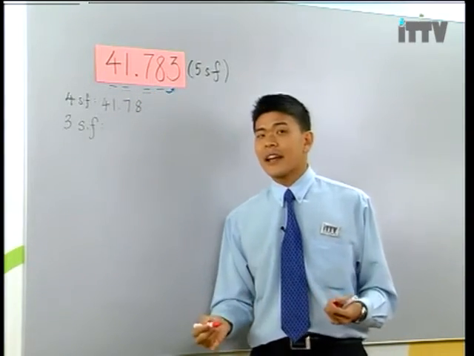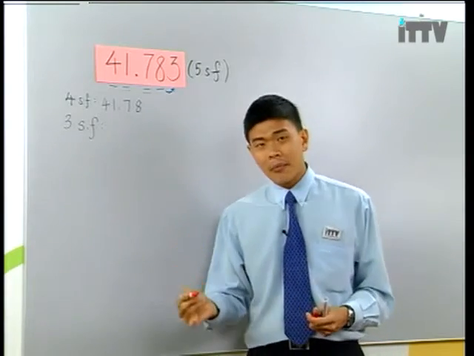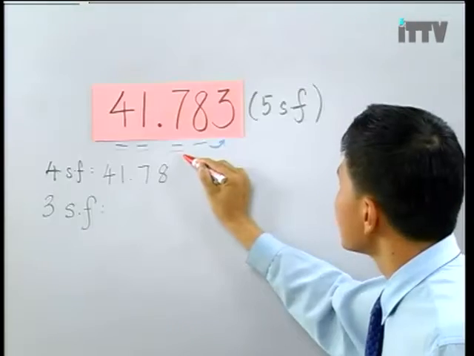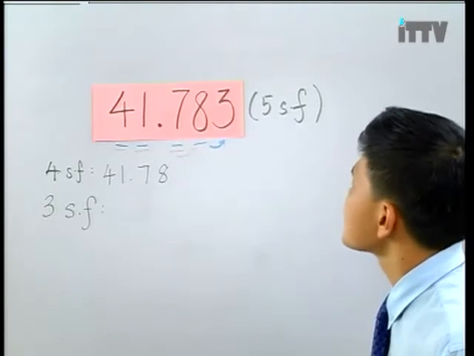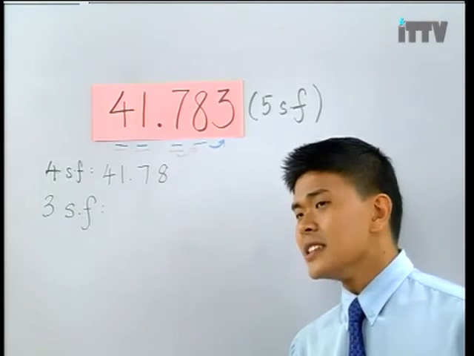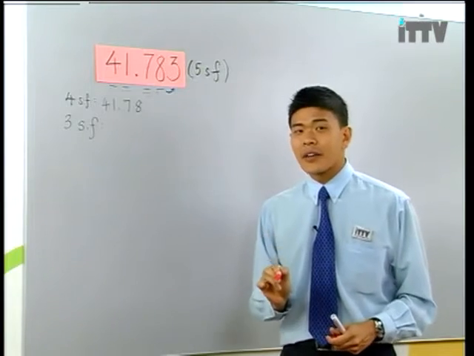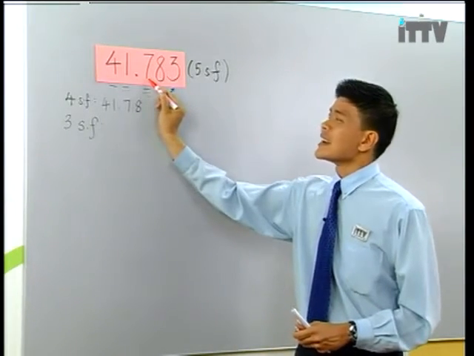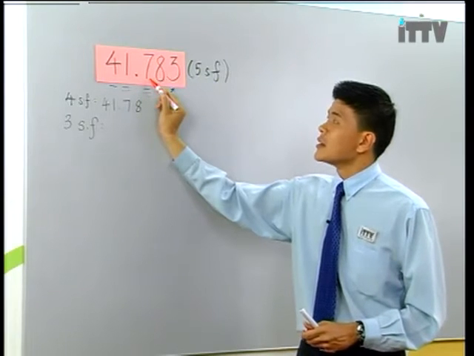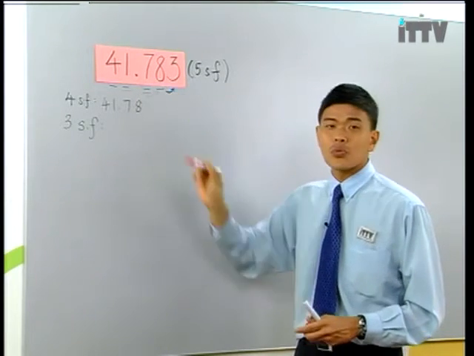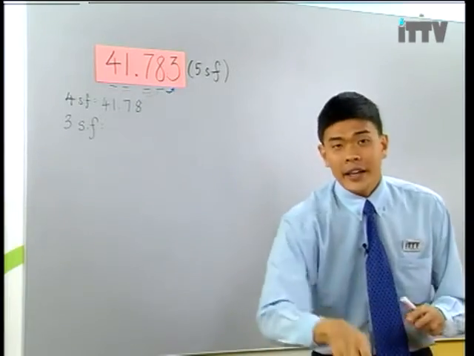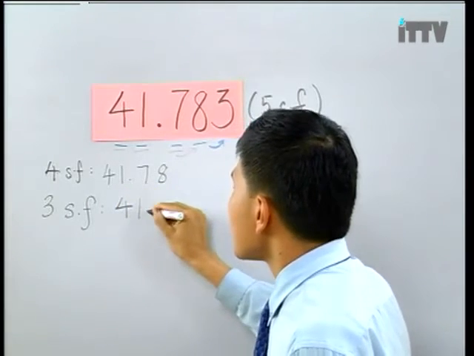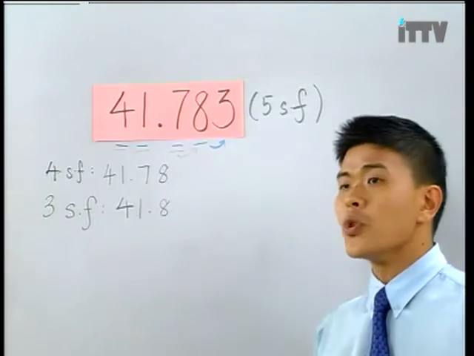Then of course, like the first example, look at the next digit after the last underlined digit. It is 8. And since 8 is bigger than 5, you would need to add 1 to the previous underlined digit. So 7 plus 1 gives you 8. So if we were to round it off to 3 significant figures, the answer will be 41.8.